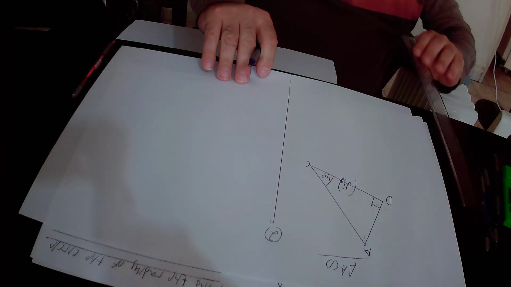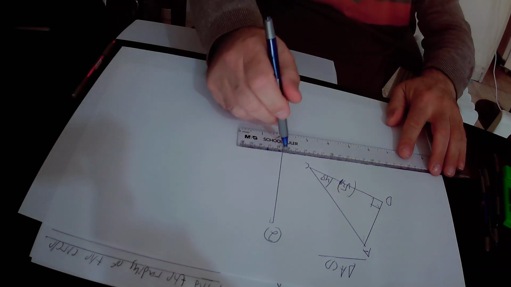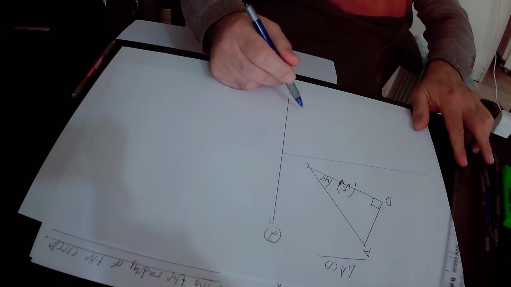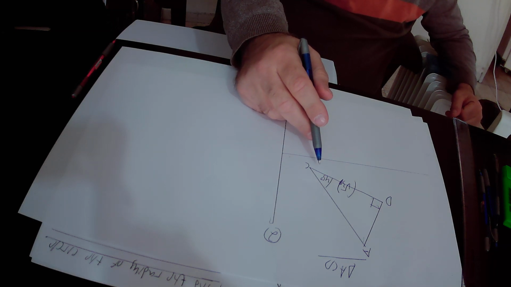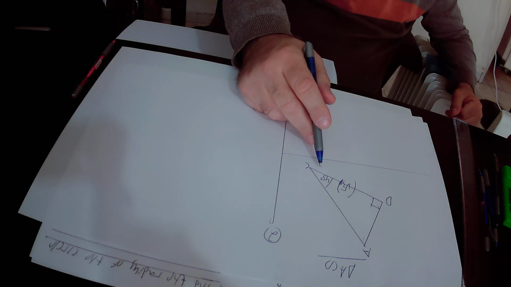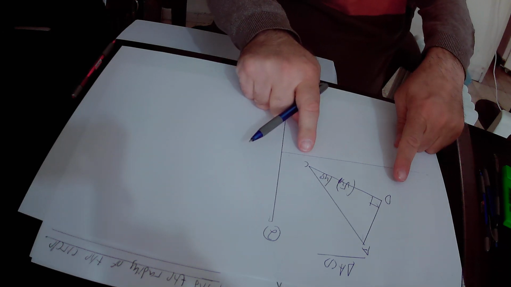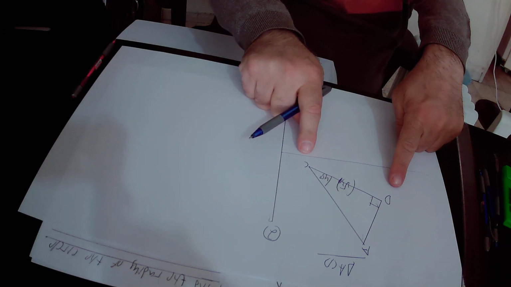So actually, this is the right triangle ACD that I copied from the original drawing. We just found out that the angle ACD equals 45 degrees in its size, and side DC equals the square root of 3 units in its length.